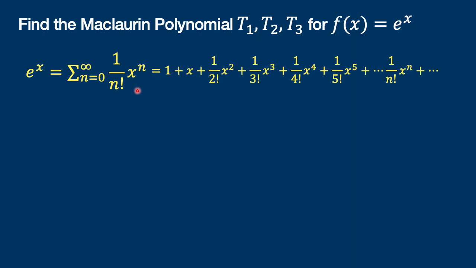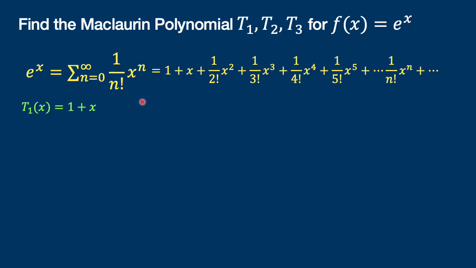Expand this series: 1 plus x plus 1 over 2 factorial x squared plus 1 over 3 factorial x cubed, and so on. That's the series, right? We want to find T1, the degree 1 Maclaurin polynomial, so you take terms until degree 1. That's 1 plus x, a linear function. You take only the first and second terms.